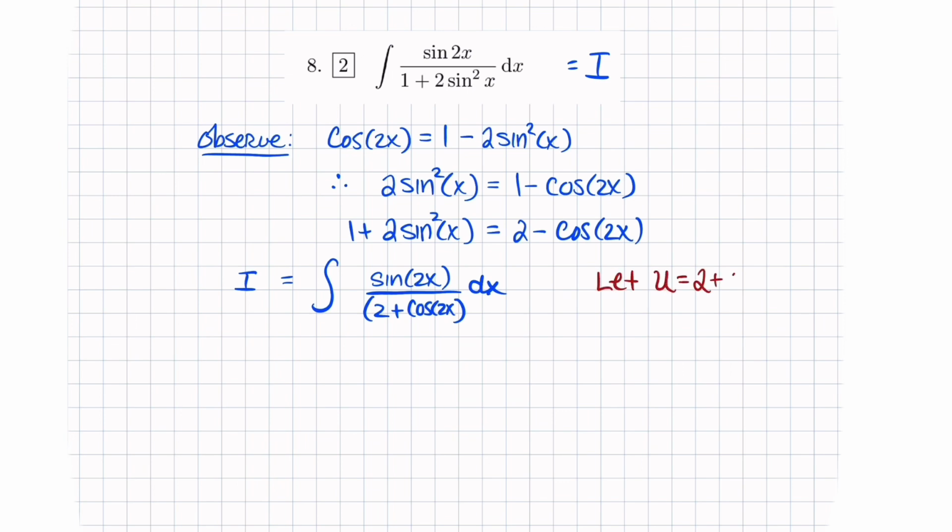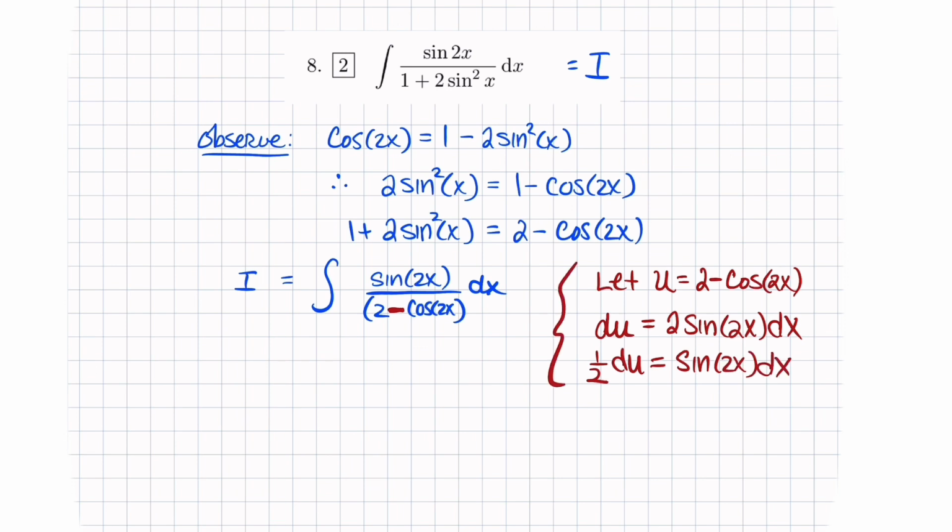Now we're going to differentiate that. u is equal to 2 minus cosine of 2x. Let's fix that. And we're going to differentiate that. That's going to give us 2 sine of 2x dx, which is in our numerator.